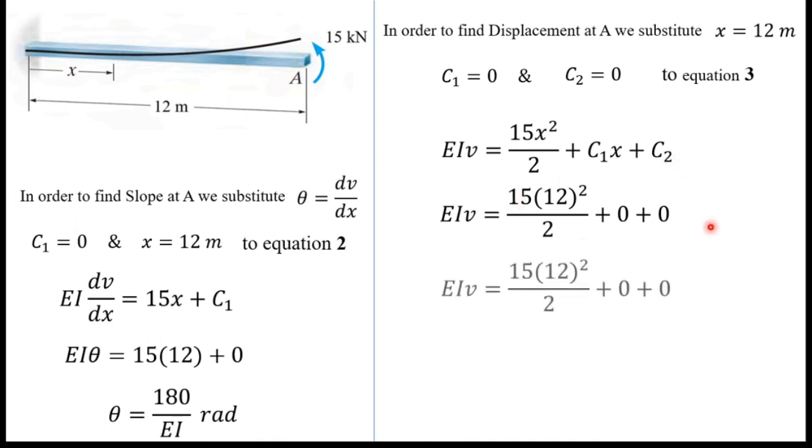If I simplify this, I will have v equals 2160 over 2 times EI, and units are meters. So that's how we find slope and deflection using the method of double integration.